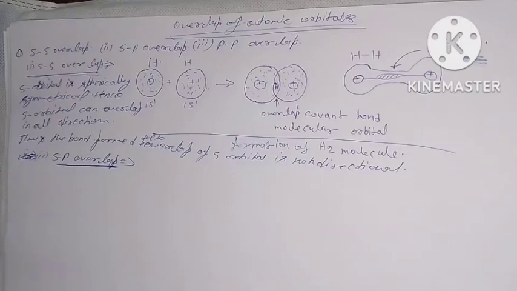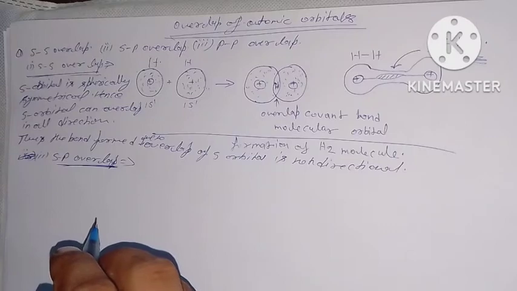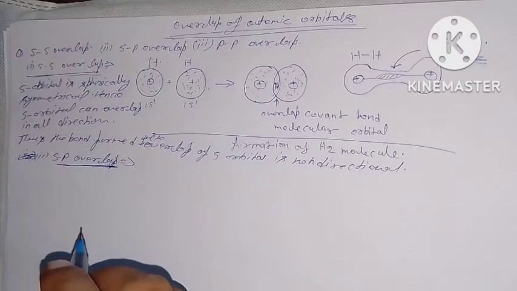In this type of overlap, the s orbital overlaps with any one of the three p orbitals. This type of overlapping can be illustrated by the formation of hydrogen fluoride, hydrogen chloride, water, ammonia, etc. A molecule of HCl or HF is formed by SP overlap.